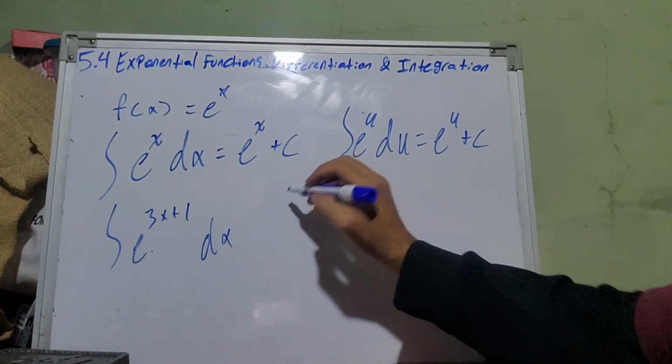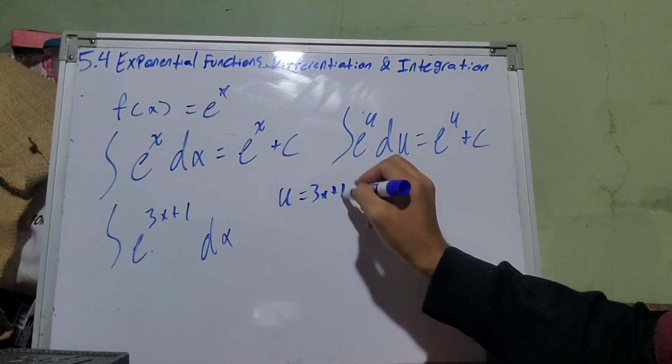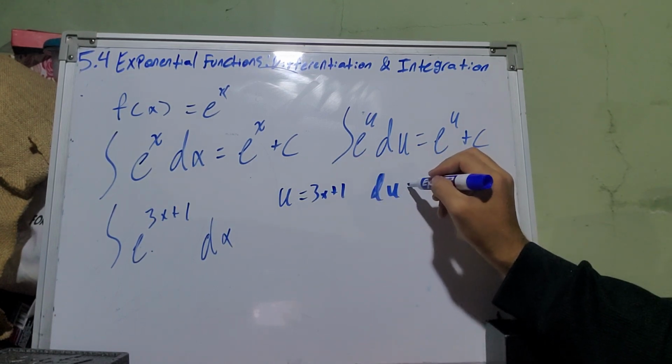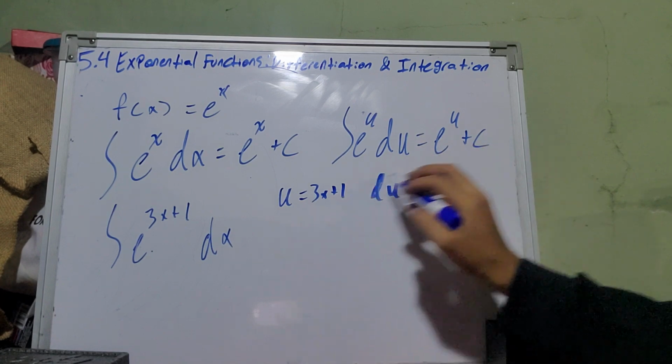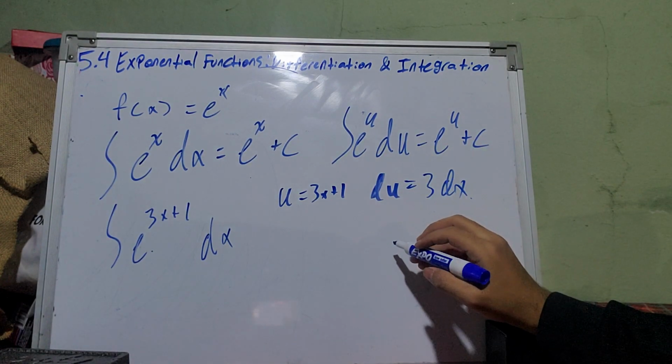Using another simple example from the slide, we're presented with the integral of e to the 3x plus 1 dx. We can let u be equal to 3x plus 1, and to find du, it is equal to 3 dx.